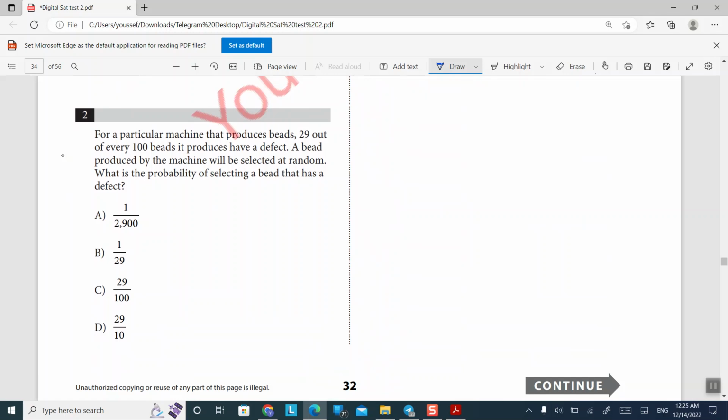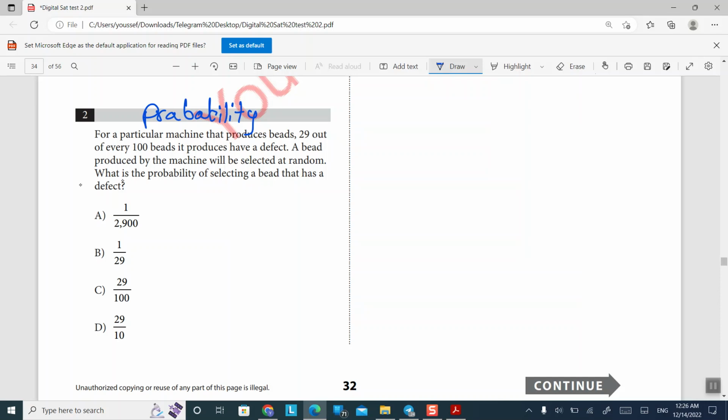In question 2, it says for a particular machine that produces beads, 29 out of every 100 pieces produced have a defect. A bead produced by the machine will be selected at random. What is the probability of selecting a bead that has a defect? Okay, so this question is probability, which is frequently asked in the real SAT exams. All you have to do is see what you need to find.